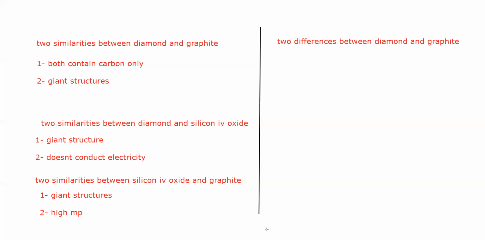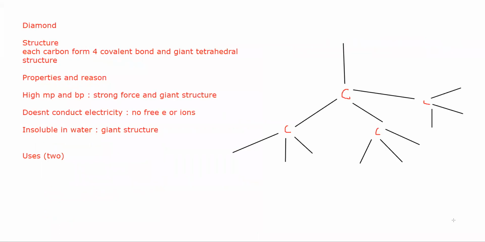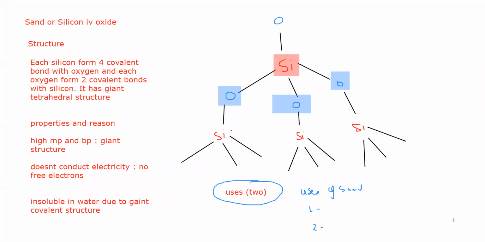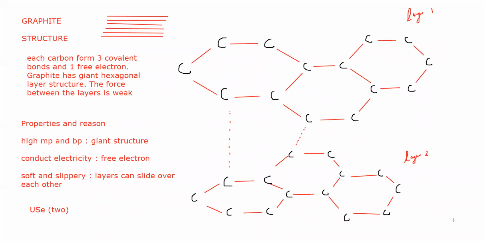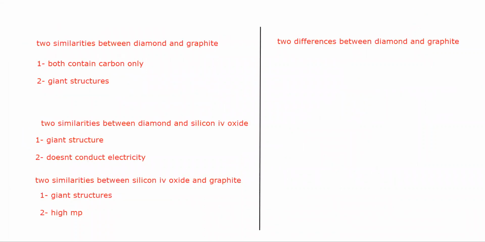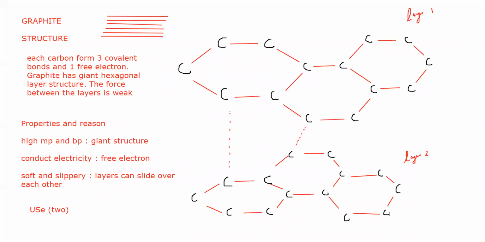You can see here, this one is diamond and this one is graphite. Anyone want to answer? How are diamond and graphite different from each other?